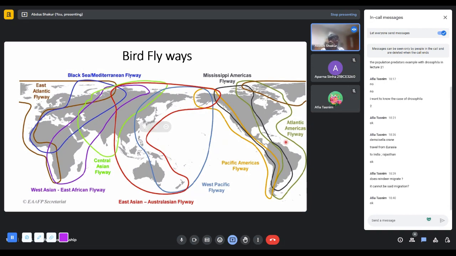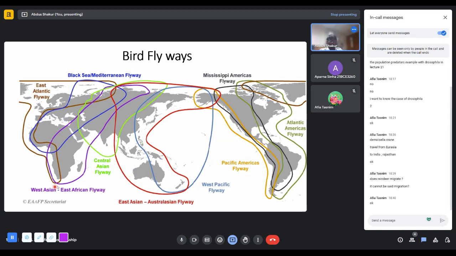Since we are referring to the earlier example of demoiselle crane, that species is a migrant that uses the Central Asian flyway. So basically, it covers most of Eurasia, and they flock, they migrate all this way into the Indian subcontinent to winter there.